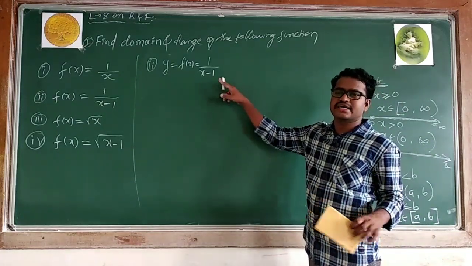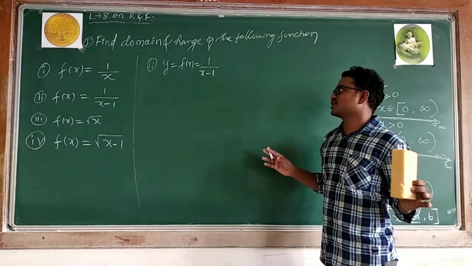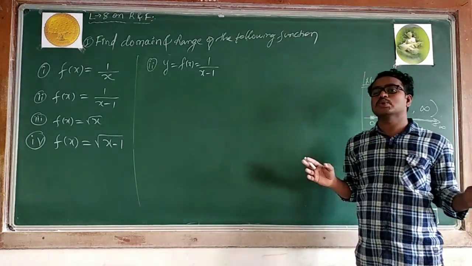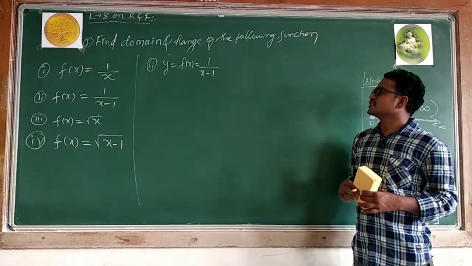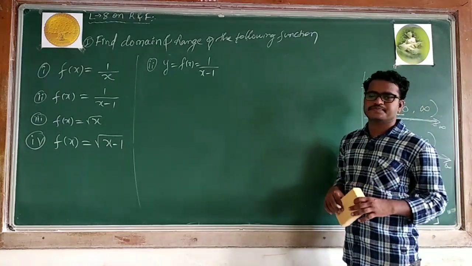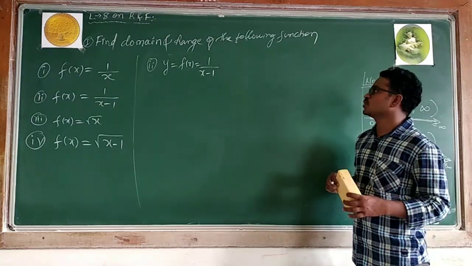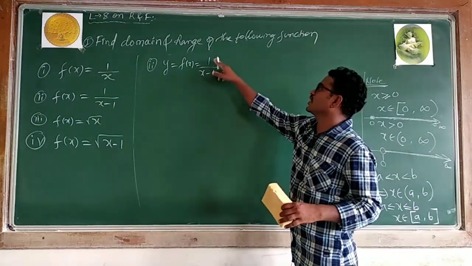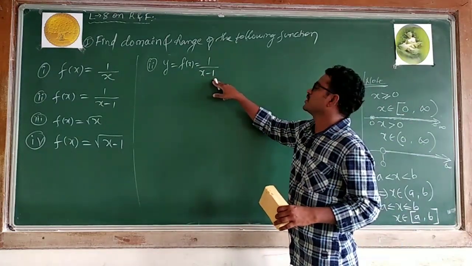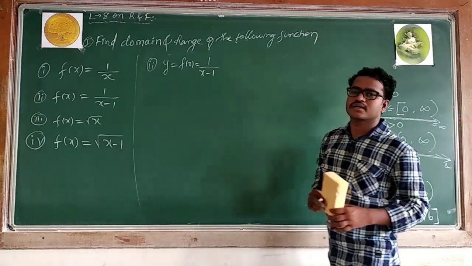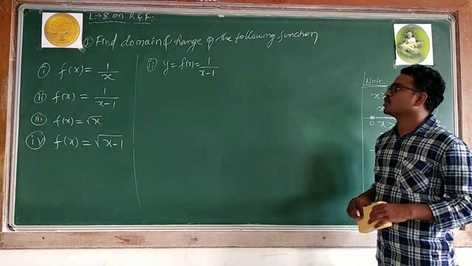So I can say x is the set of real numbers excluding 1. What is the range? Range also you can take any value. If x is 0, you will get 1 divided by 1 minus 1. You can take any value, but it should not be 0.